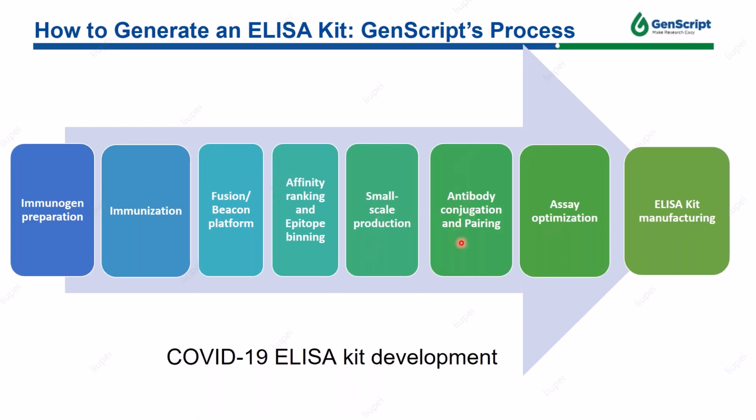Then we will conjugate these antibodies with the enzyme HRP or biotin for pairing. Finally, we will select the top 3 best paired antibodies for the kit's development. If the clients need more ELISA kits, we will do manufacturing for our customers.